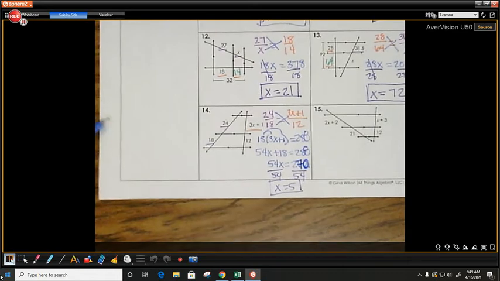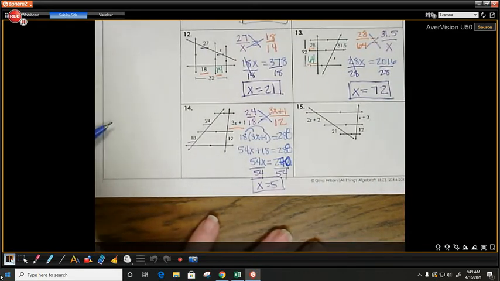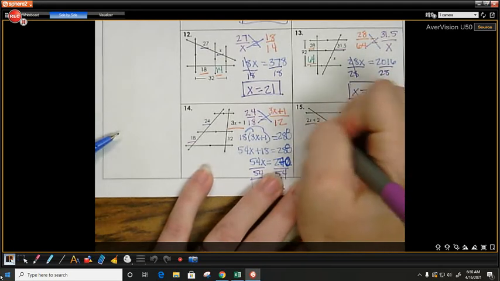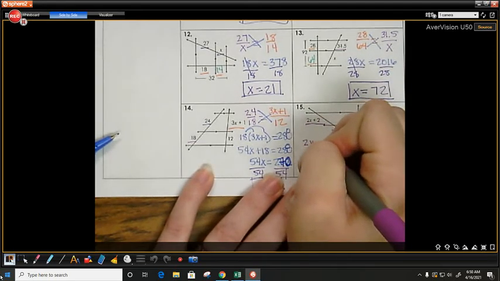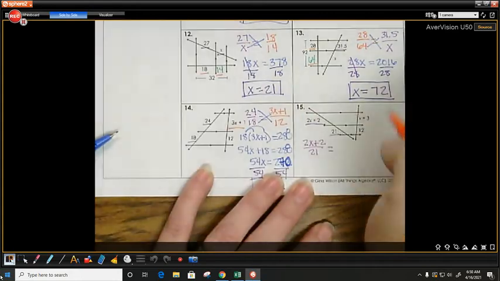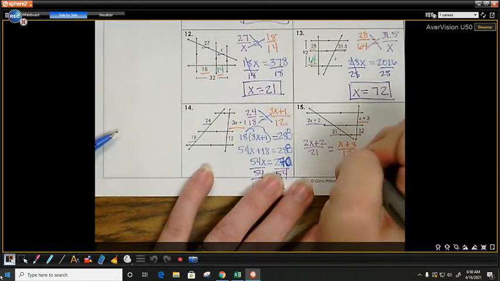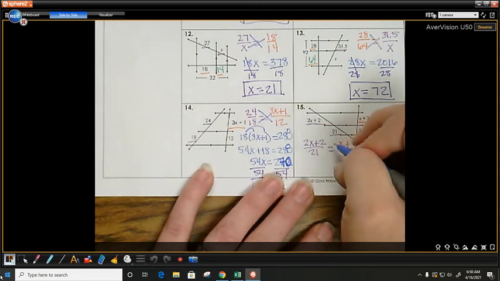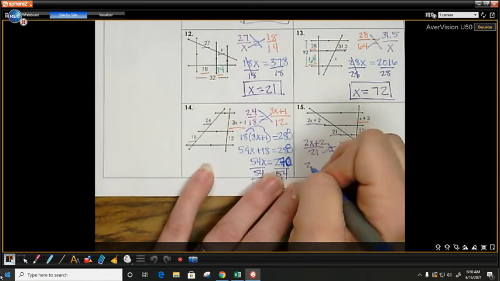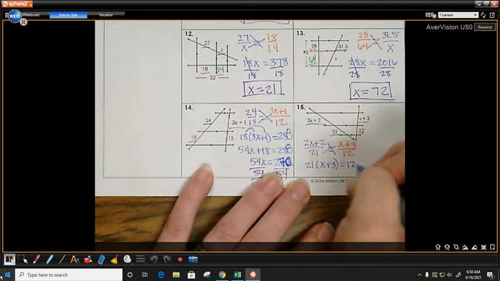Okay, last one. Okay, I'm going to set up my proportion. 2x plus 2 over 21 equals x plus 3 over 12. And I'm going to cross multiply. So 21 times x plus 3 is equal to 12 times 2x plus 2.